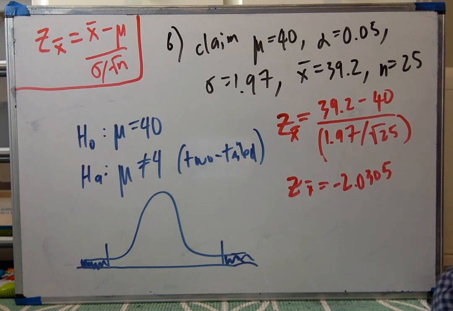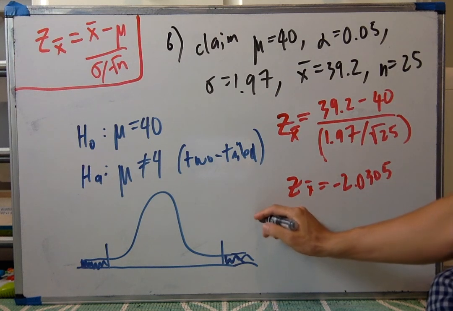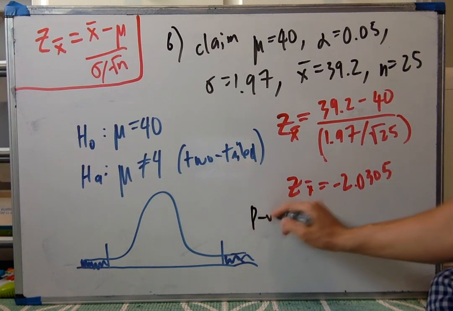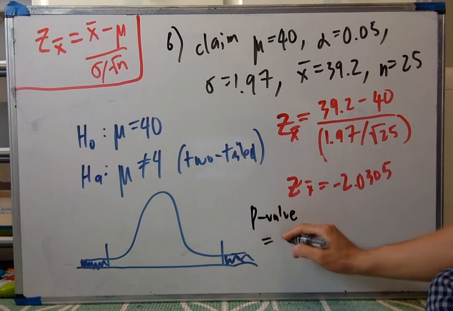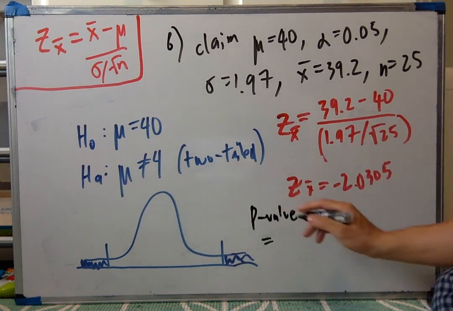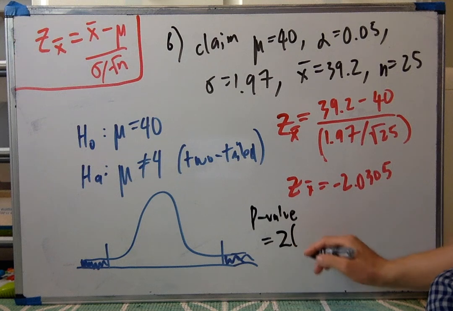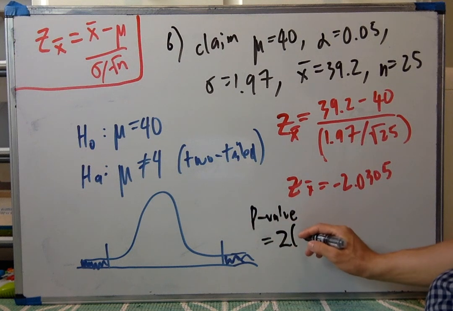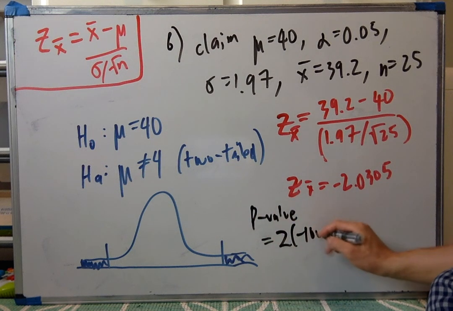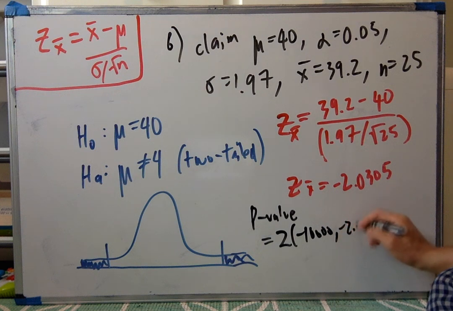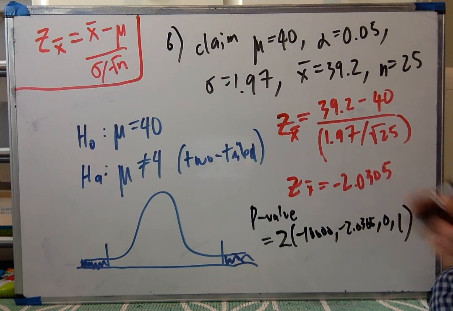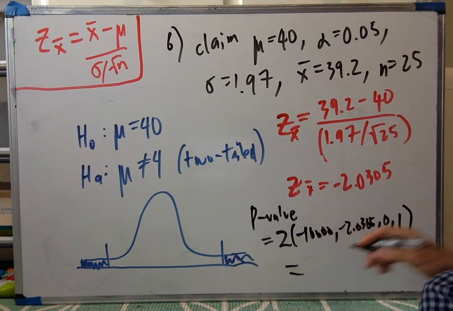Okay, now for the probability calculation. So now I have the z-score. The p-value then is just going to be equal to, since I'm doing both sides, 2 times, let's just pick the left side, 2 times norm CDF of negative 10,000, negative 2.0305, 0 is the mean, 1 is the standard deviation, and just see what I get.